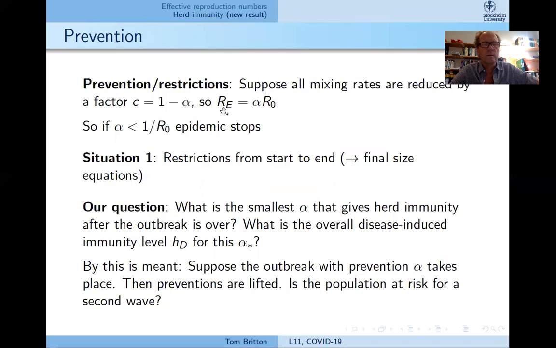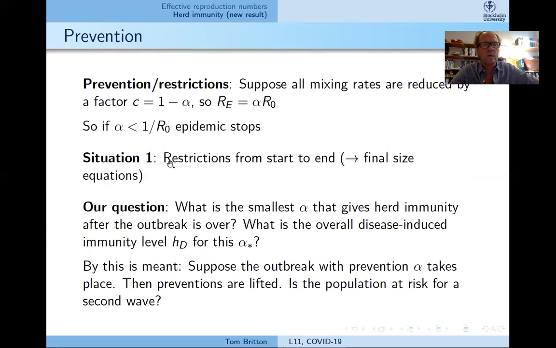Consequence of that is that the effective reproduction number before disease spreading is the original one multiplied by alpha. So if alpha is smaller than 1 minus 1 upon R naught, then the epidemic will stop.